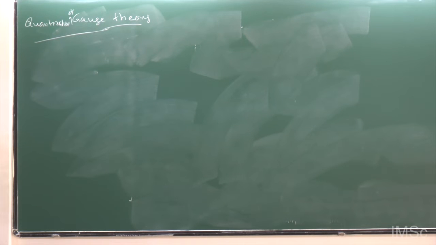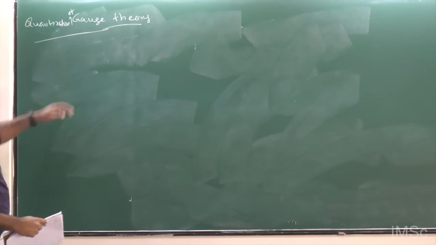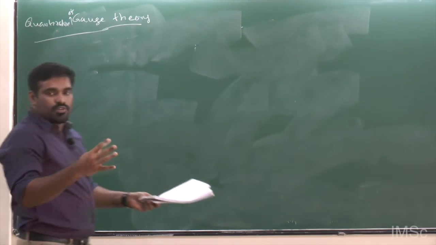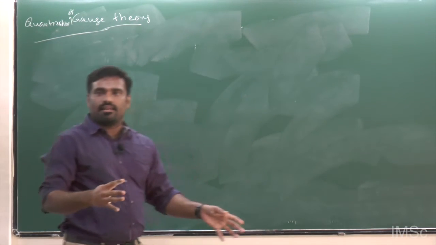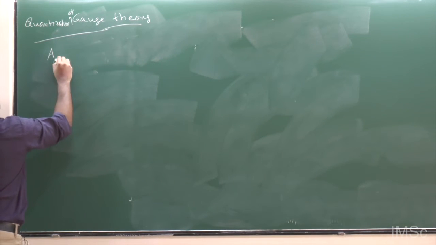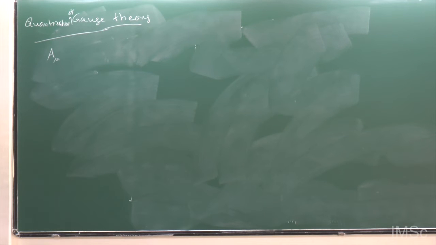So the classic example of gauge theory is electrodynamics. So in electrodynamics, you have electric force and magnetic force, and you think of electric and magnetic force as interaction of photons, and photon is a spin one particle. So you have a vector potential there.